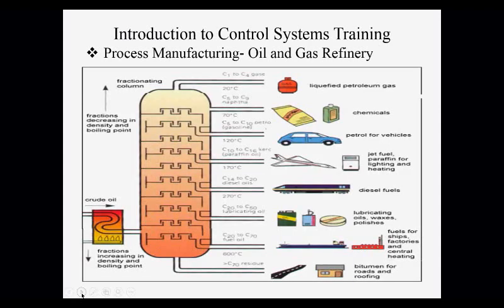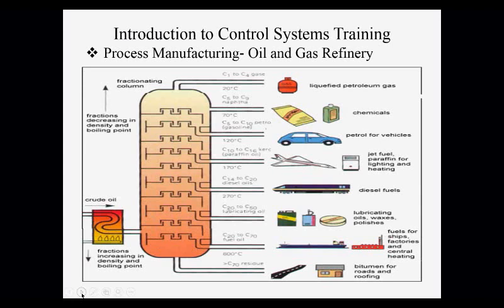Okay. So this now is an example of a process industry: process manufacturing in an oil and gas refinery. I am sure that most of us can recognize the image there. It's a fractional distillation column. How many of us actually remember this?